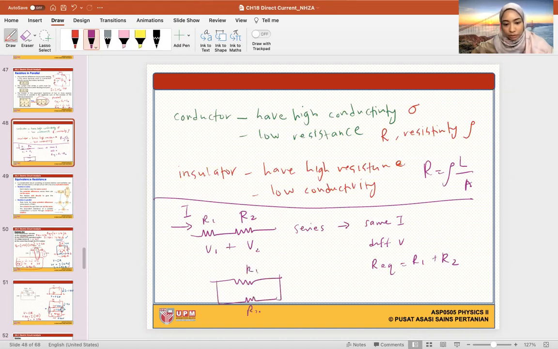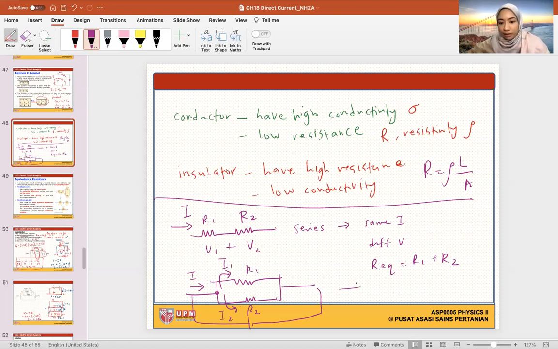R1, R2. So if I start my circuit like this, I have a battery over here. Doesn't really matter actually. So my I is flowing through here. My I needs to diverge because it's like water, and when it sees a junction, it has to split. So this becomes I1, this becomes I2.